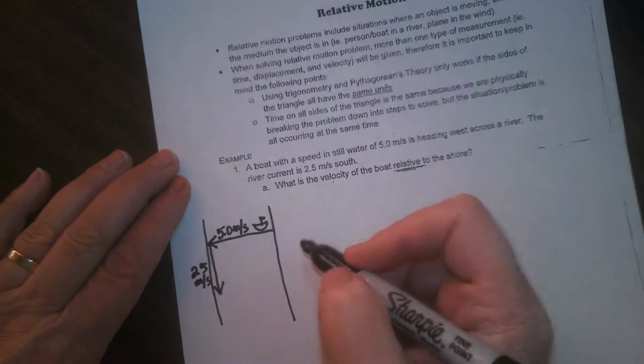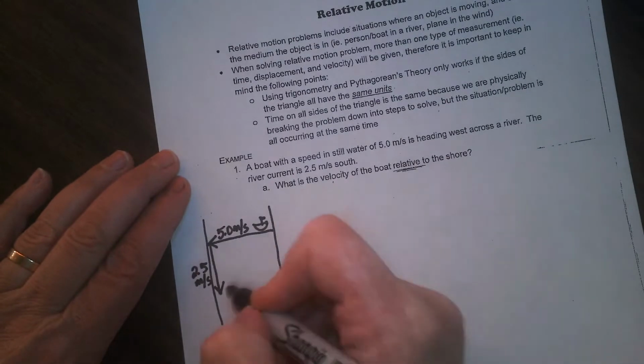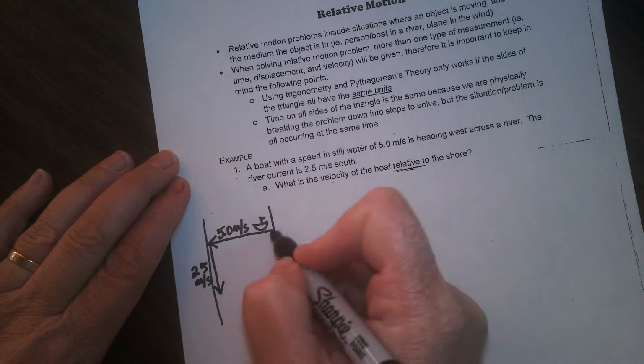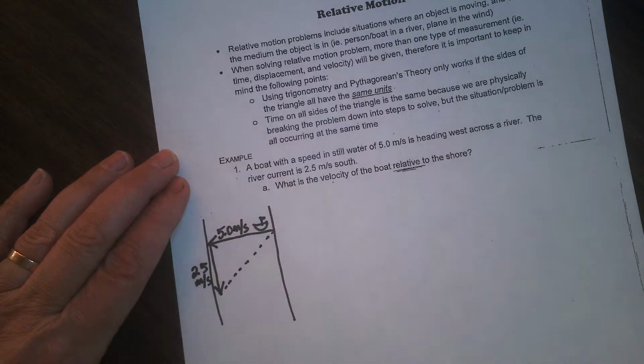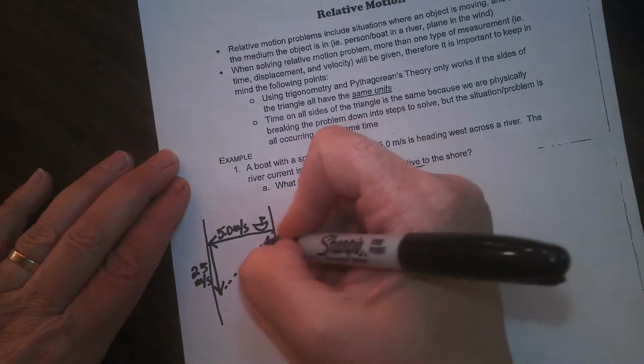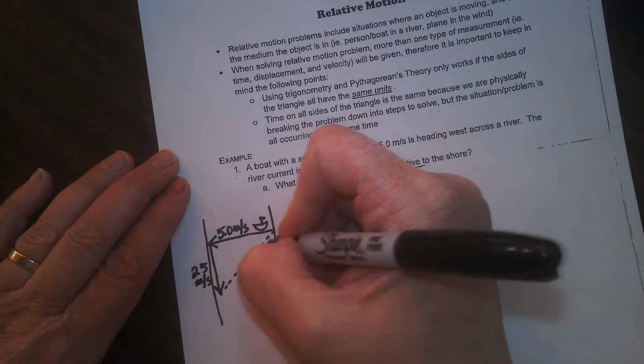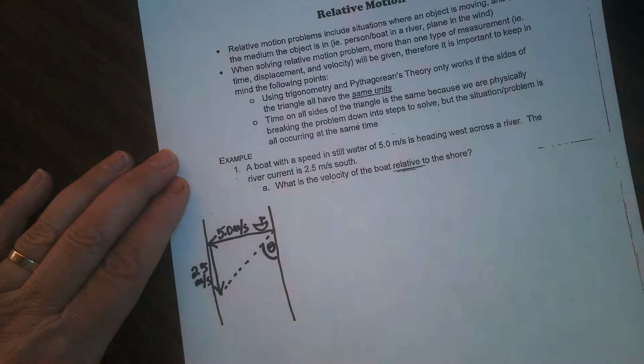The question is asking us relative to the shore. So I'm going to complete my triangle. And this is the part that becomes critical. The angle needs to be relative to the shore. That's this angle. Okay.